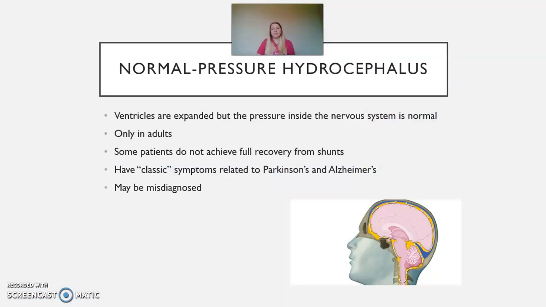So those signs and symptoms that I described earlier have to do with this normal pressure hydrocephalus. So the pressure inside the brain cavity, or the cranial cavity, is normal within the 4 to 15, and it only happens in adults most of the time, and patients sometimes do not see full recovery from the shunt, only because it is normal pressure.